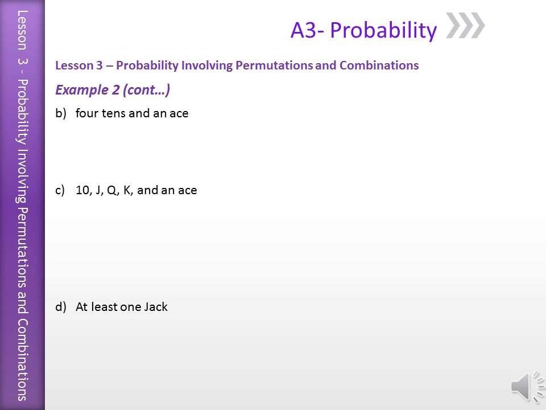Continuing with our example of choosing 5 cards from a standard deck of cards. For part B, we want 4 tens and an ace. So the probability, 4 tens, 1 ace, would be choosing our tens first. We've got 4 to choose from. We want 4 of them, so that's 4 choose 4. We were looking for our ace, 4 to choose from.